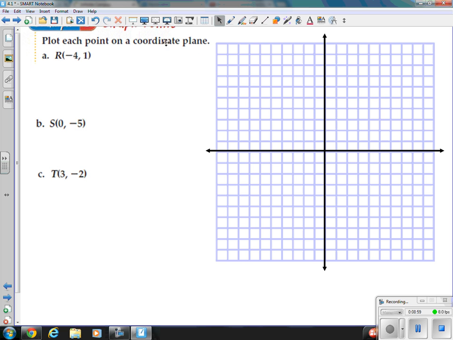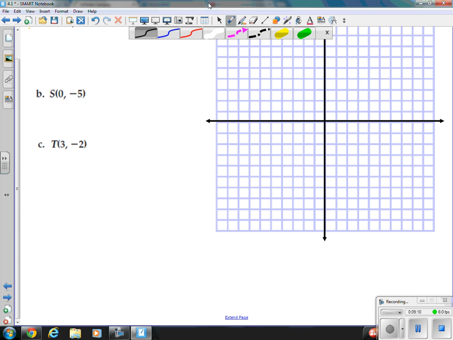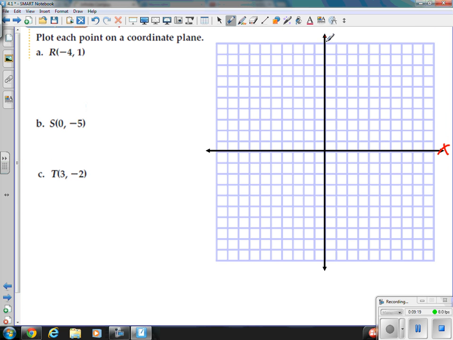it's graphing. It says plot each point on a coordinate plane. So go ahead and make your x-axis and your y-axis. And then be sure to always label. So we come here and label our x-axis and our y-axis.